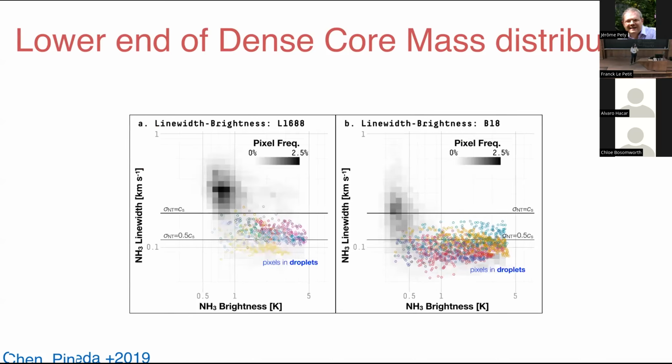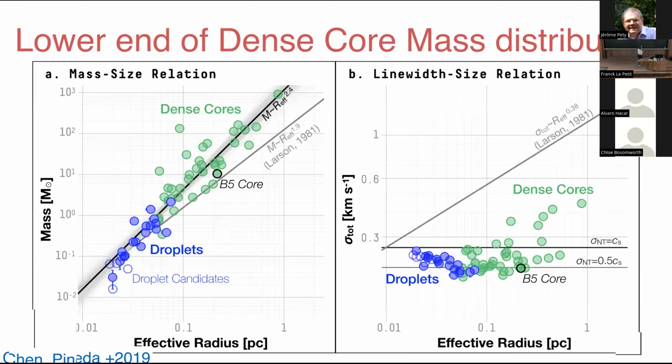So we ended up looking at maps on which we looked for the typical line width and the line brightness, and we saw that there are many objects that are very faint, but they are actually subsonic. We try to measure, for example, the mass as a function of effective radius.